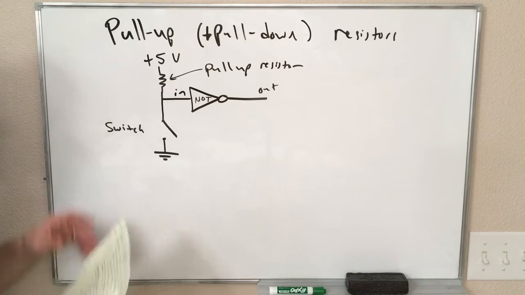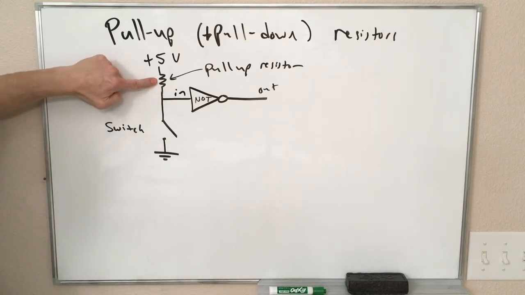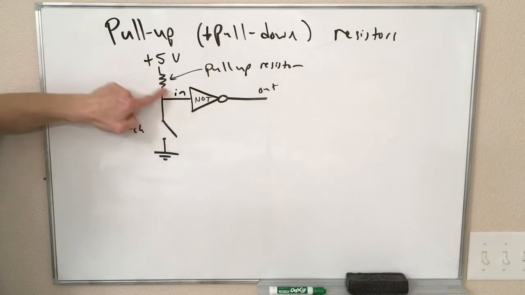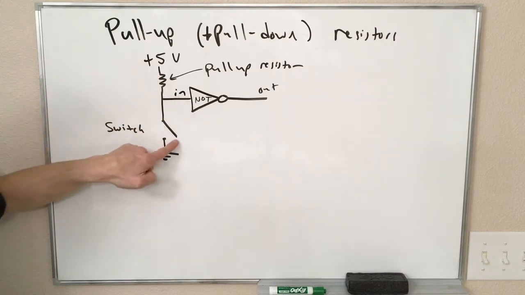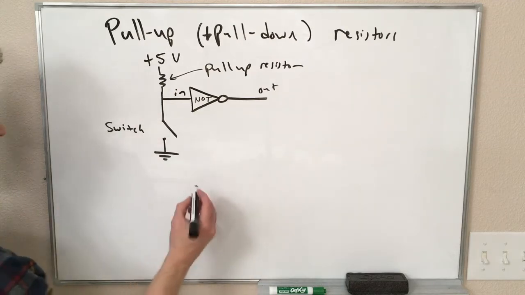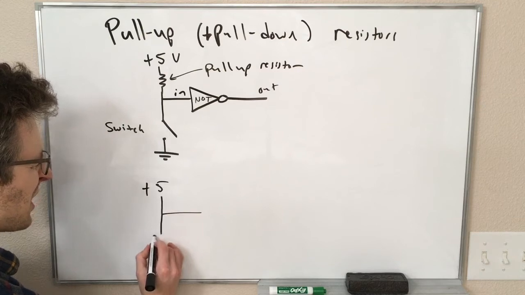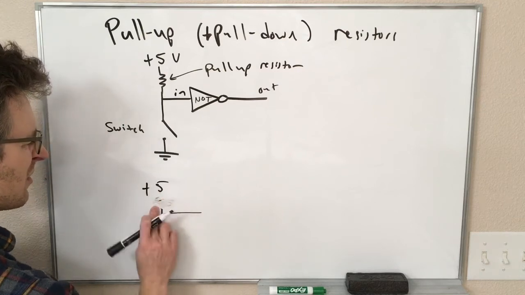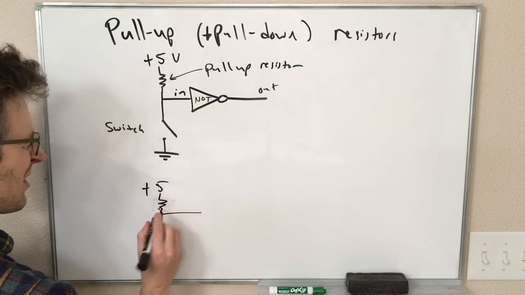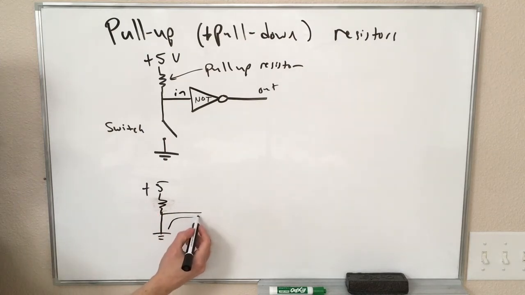However, even though this resistor is connecting this to plus 5 volts, when I close this switch, now I have something that looks like this, plus 5 volts connected to my input, connected directly to ground. Oops, sorry, no I don't. I have a resistor here now. So I'm connecting my input directly to ground.